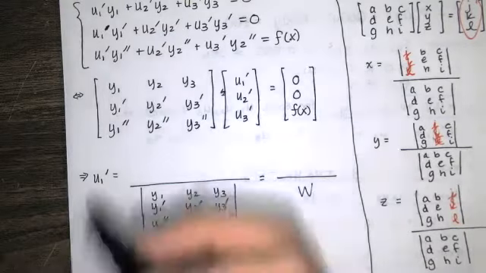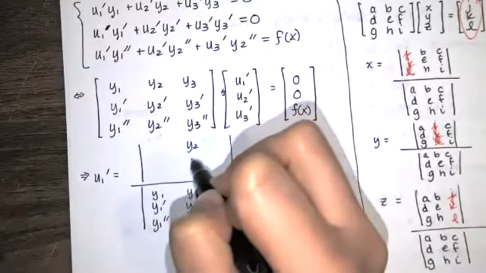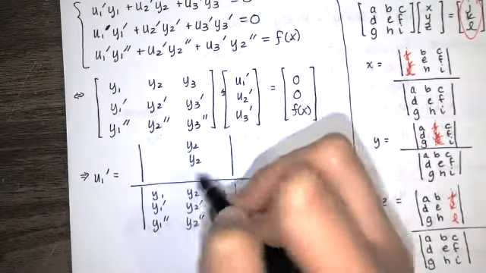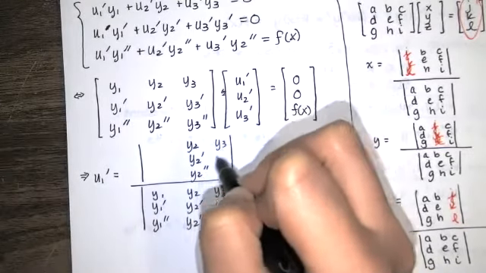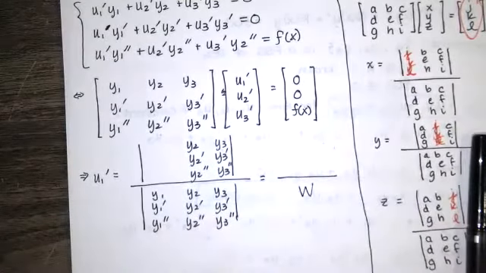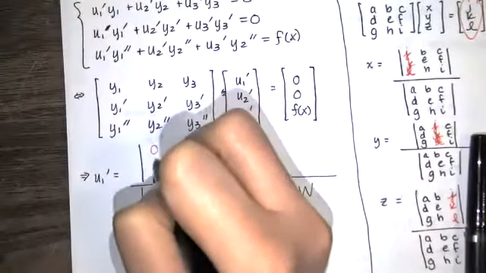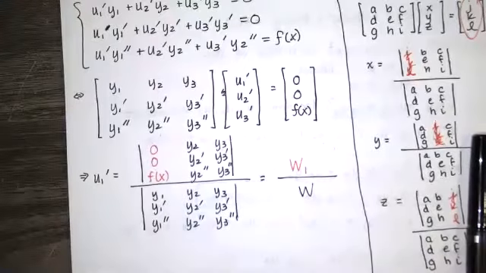Then in the numerator, you leave the second two columns alone. And you swap out that first column with 0, 0, and f of x. We call this matrix W1.